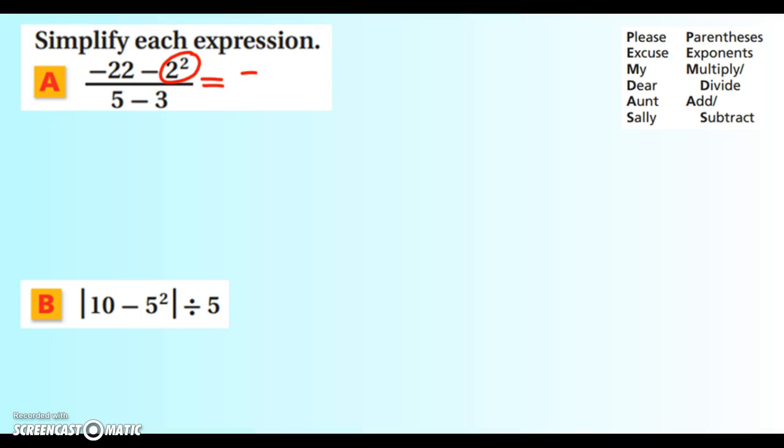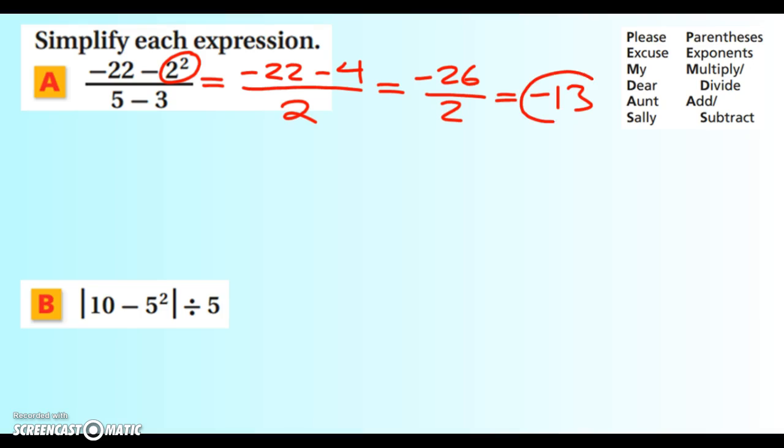So really up here we've got -22 minus 4, all over 5 minus 3, which is 2. So we can simplify that. Our top, negative 22 minus 4 is negative 26 over 2. You can reduce that, or you can look at this as negative 26 divided by 2, negative 13.